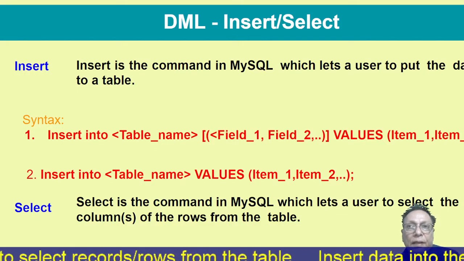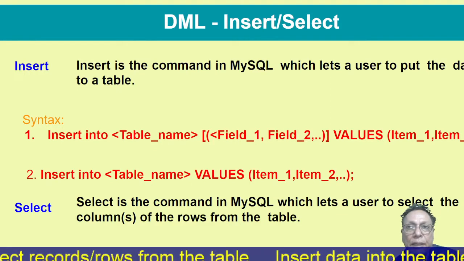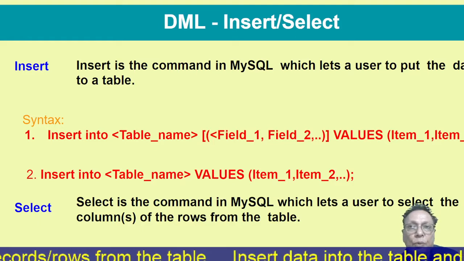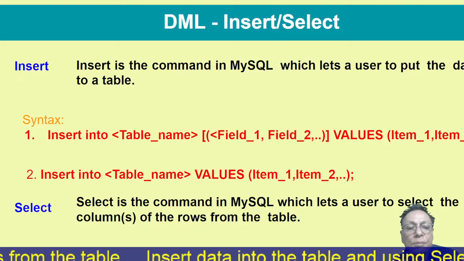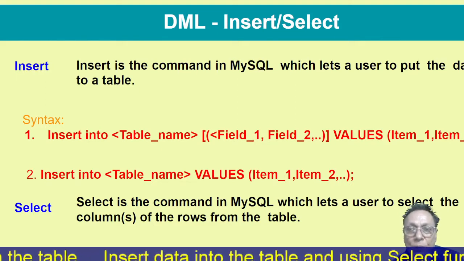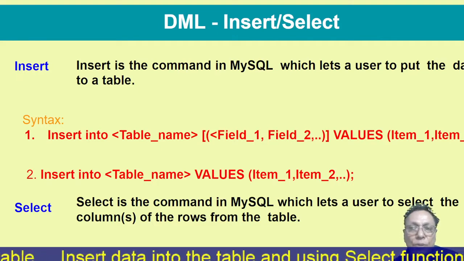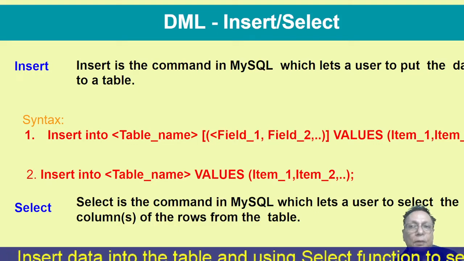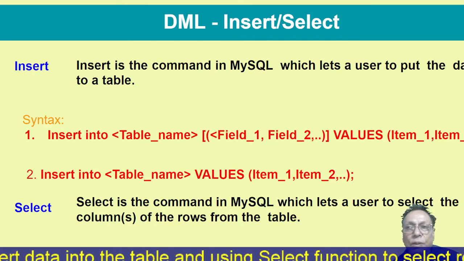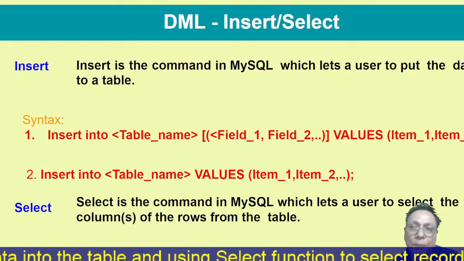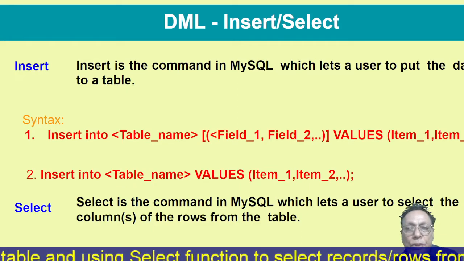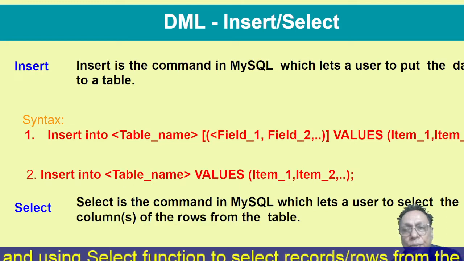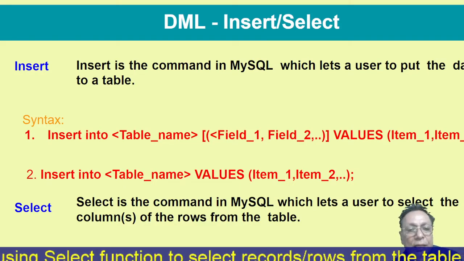Which column or columns you want to select, you can mention them, and those rows of the table you are going to select. Suppose there are two rows and you want to select only two columns, whichever columns you want, you can mention them. This way the select function works.